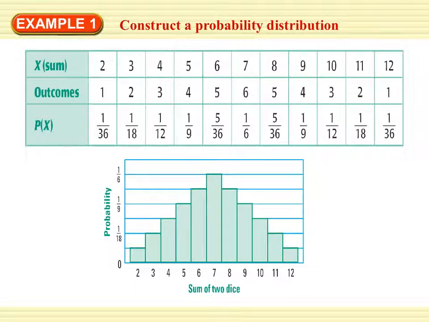So we have our sum of 2. That happens all of 1 time, so that's 1 over 36. Possible outcome of 3 happens 2 different times. That's 1 over 18, which is 2 over 36. Same thing.